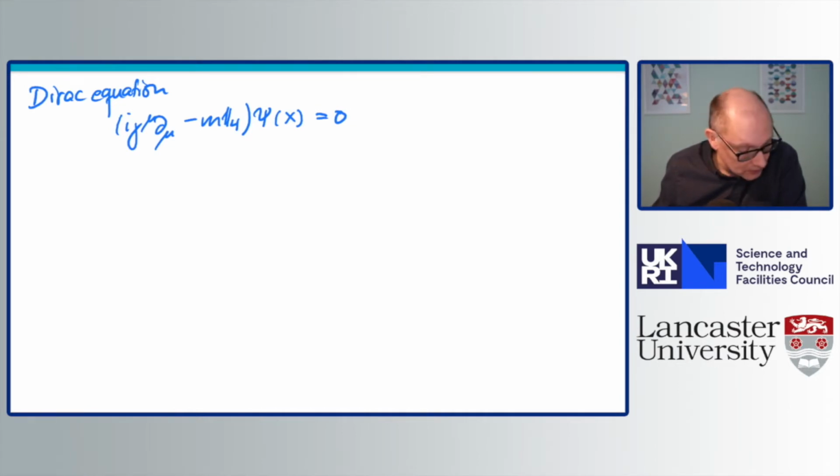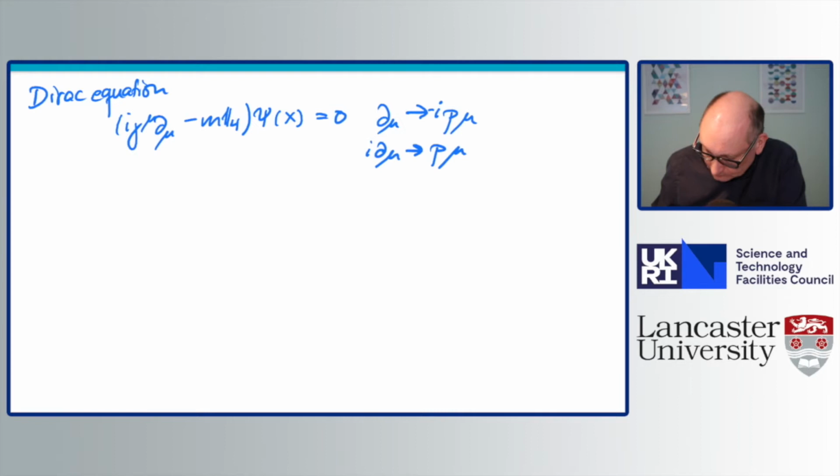If we make the usual identification in wave mechanics of d mu going to minus i p mu, or i d mu goes to p mu, that's obtained by Fourier transforming a plane wave, then the Dirac equation can also be written as i d slash minus m.